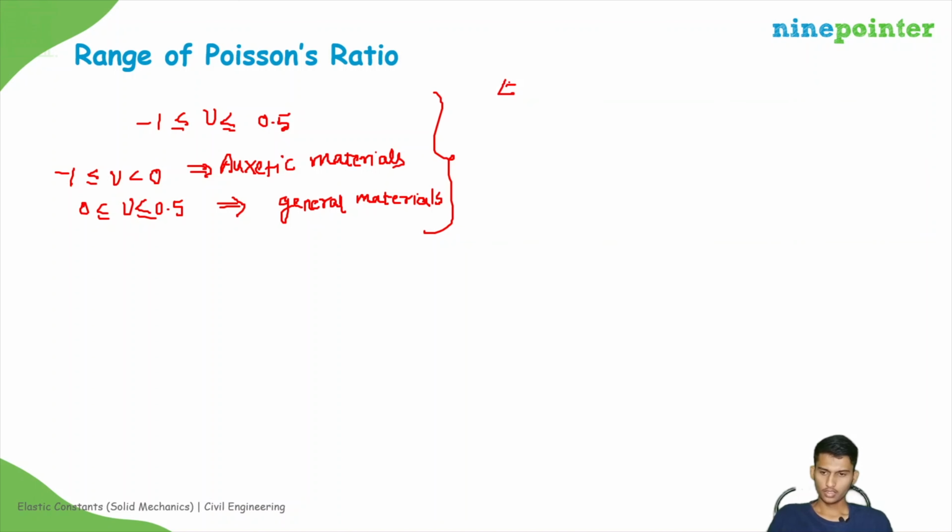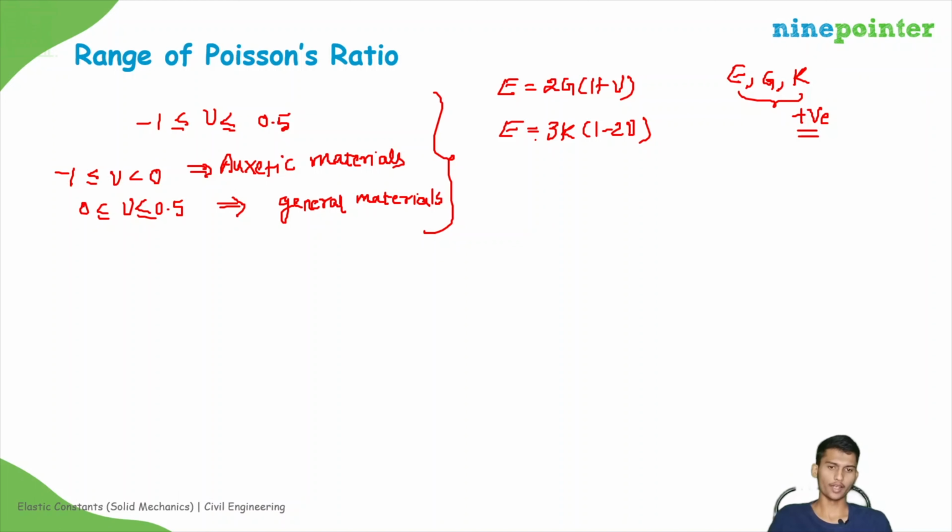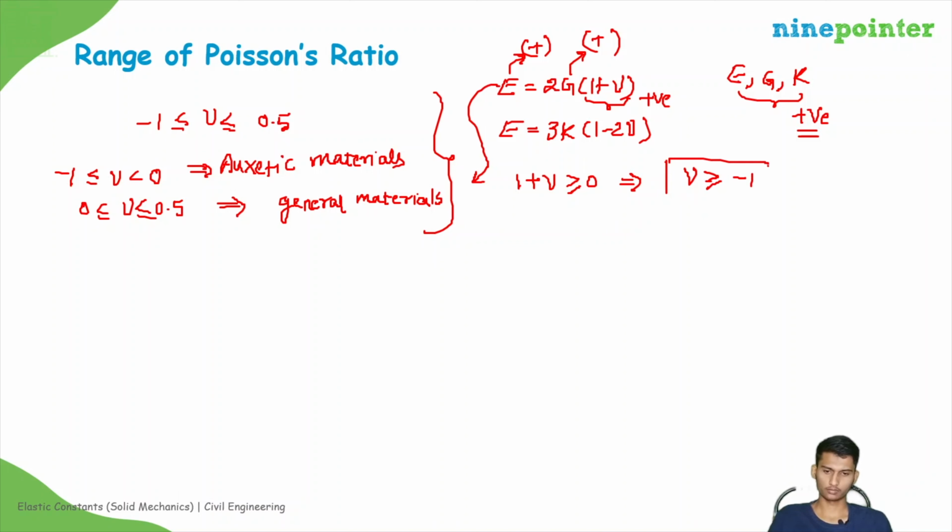Okay. How were these values obtained? See, E is equals to 2G into 1 plus nu and E is equals to 3K into 1 minus 2 nu. We already know that E, G, K are always positive. Yes, nu can be positive or negative. So from this, this is positive, this is positive, then automatically this should be positive. So we get that 1 plus nu should be greater than or equals to 0. From that, nu should be greater than or equals to minus 1.